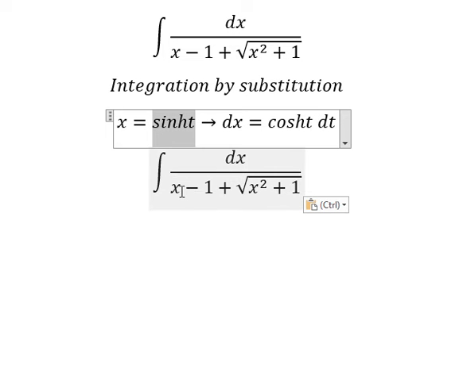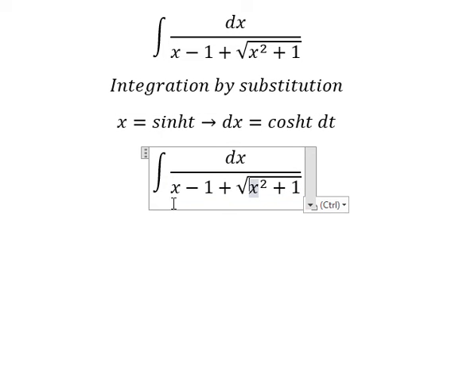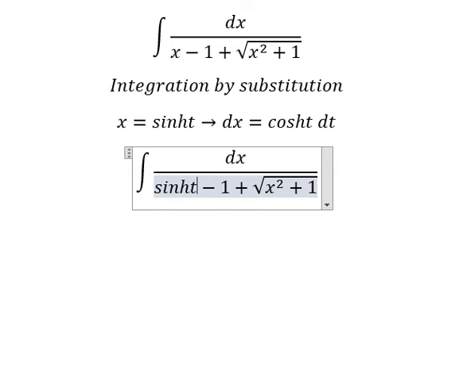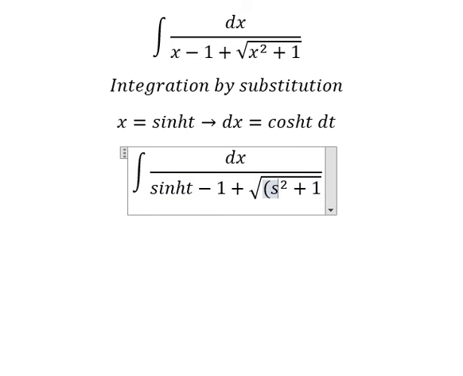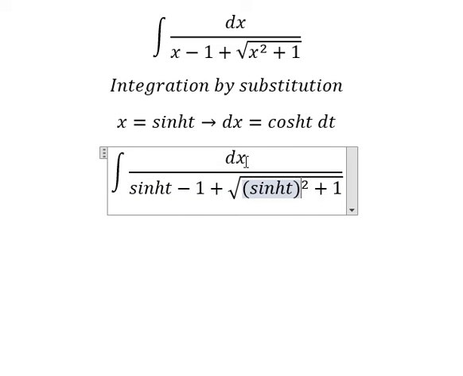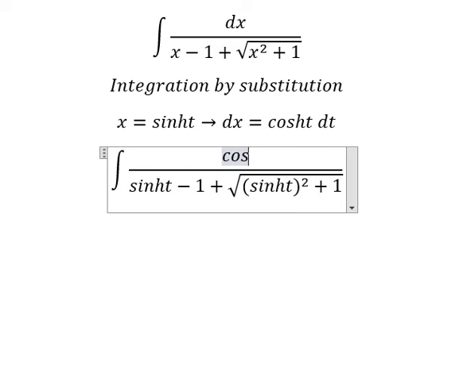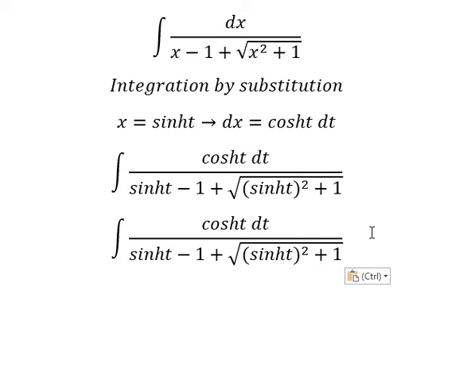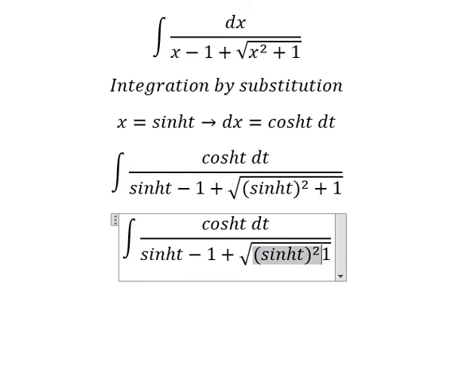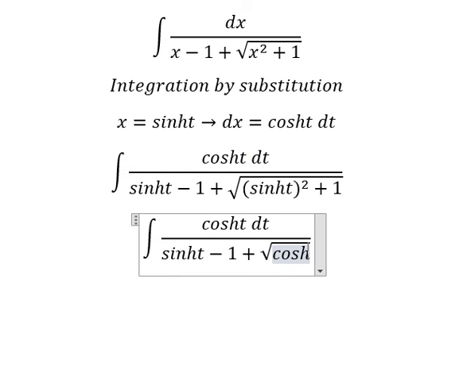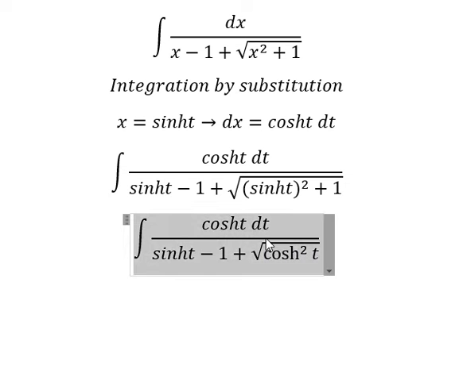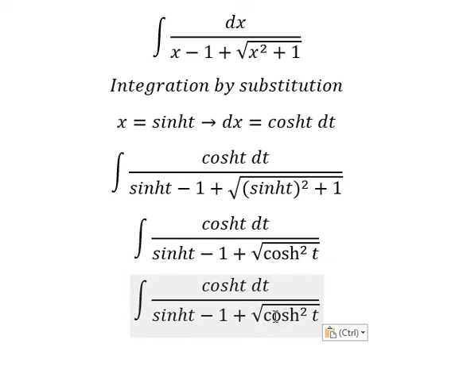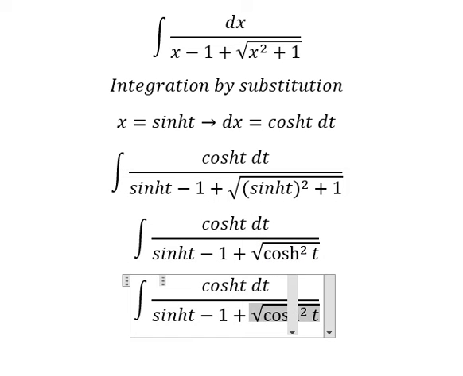So this one I will put in here and here: dx is sec squared t dt. So this one we have sec squared t. The square root of sec squared t is sec t.